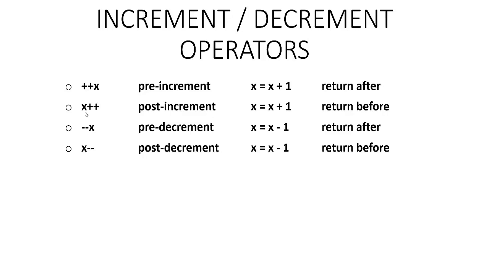So plus plus x is a pre-increment: when you have a variable and you want to add the value before presenting the variable. Plus plus means add one, so 1, then 2, then 3, then 4. Post-increment is when you present the variable and then add the value. These are the two different possibilities available.